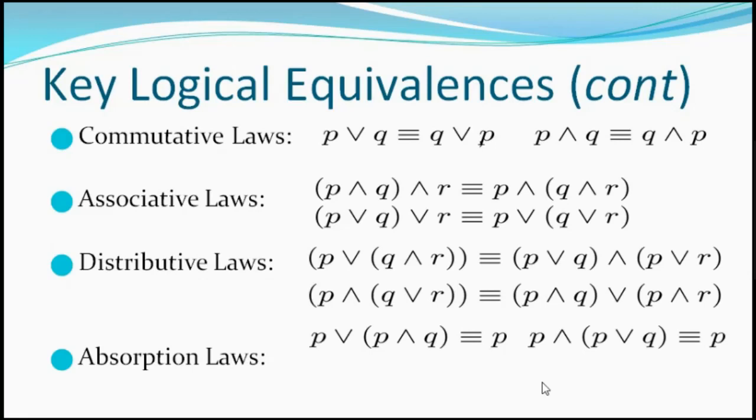Like the associative law, within brackets, P and Q or R is equal to P and Q and R. So this is the representation of the associative law. Distributive law: we can distribute AND over OR and OR over AND. Absorption law: if a common proposition is there, you can take it out and condense that particular expression.